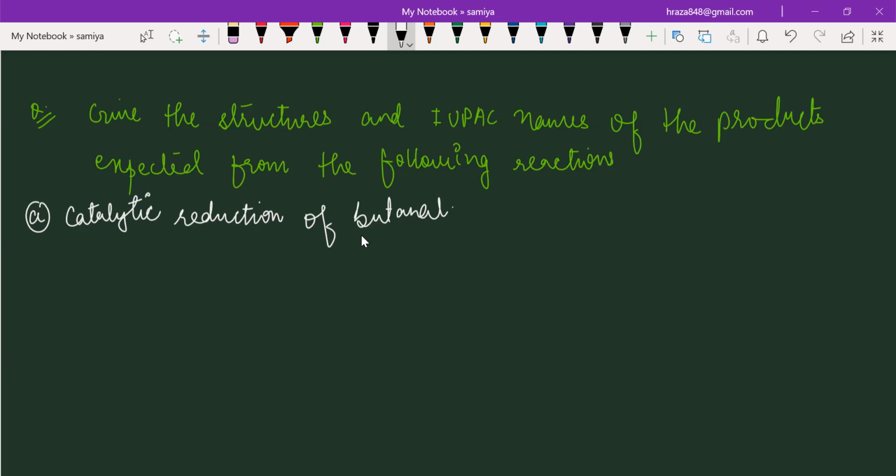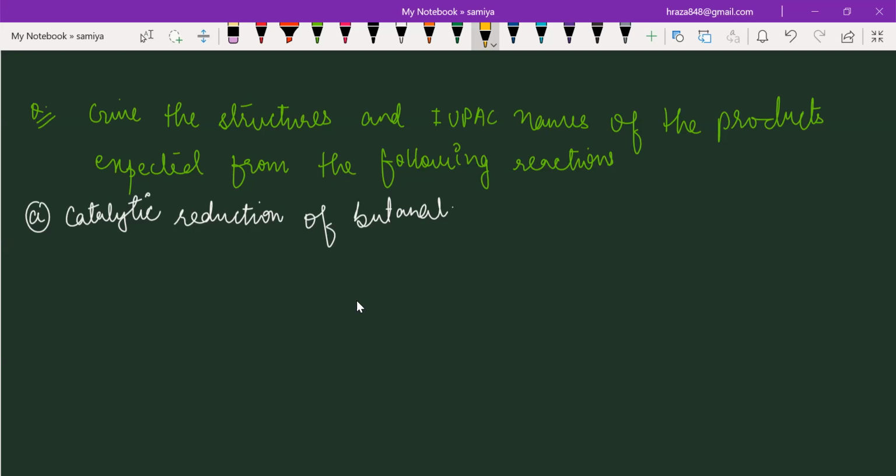Very good. So you get propanol. Catalytic reduction of butanal, it says. How can it be propanol, 3 carbons, since it is butanal and you are going to do catalytic reduction?